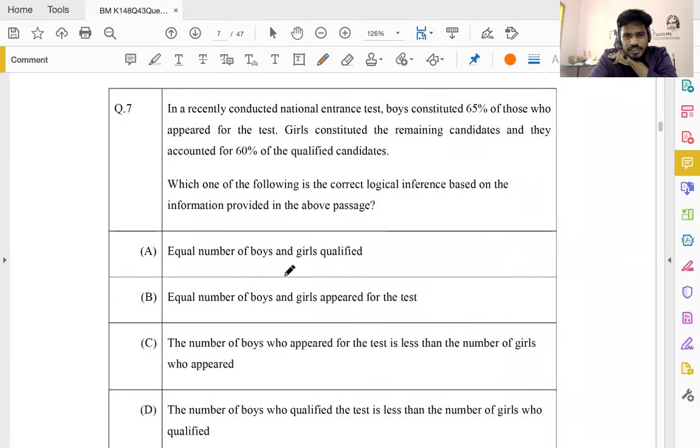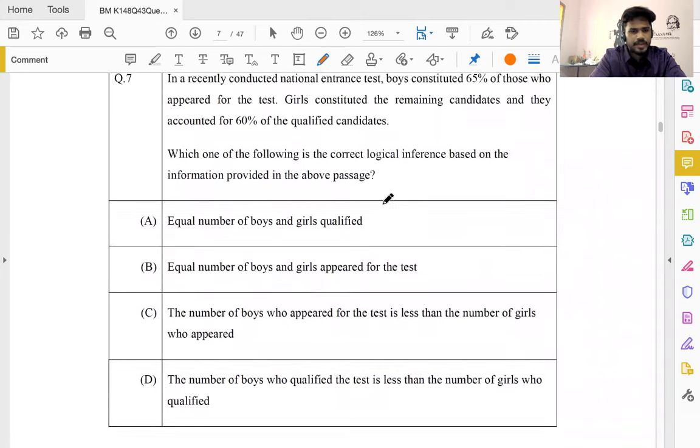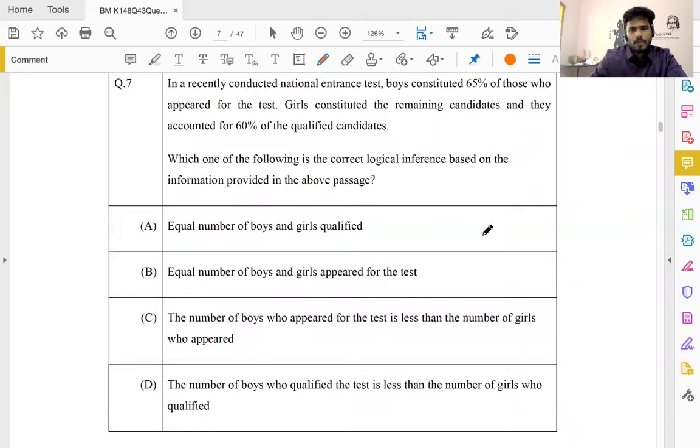Then, recently conducted national entrance test, boys constituted 65% of those who appeared for the test. Girls constituted the remaining candidates, and they accounted for 60% of the qualified candidates. Okay, so we have essentially two pie charts.